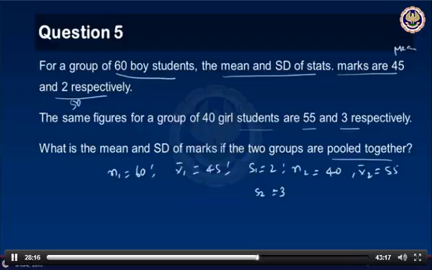Now we have to compute the combined mean and combined standard deviation. In the next slide, we compute them. Let us look at the combined mean formula.